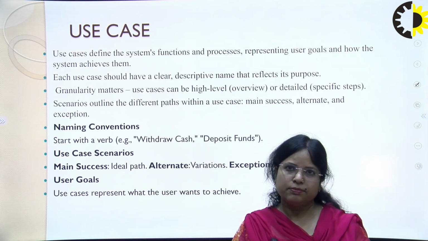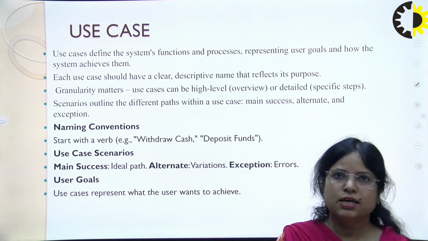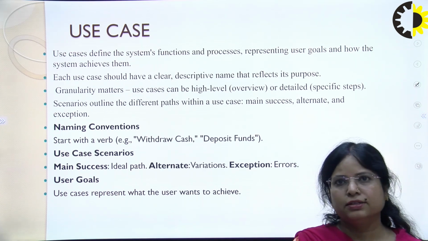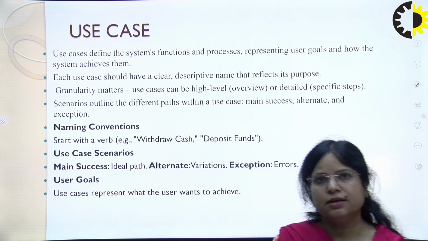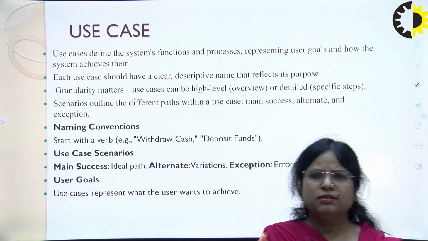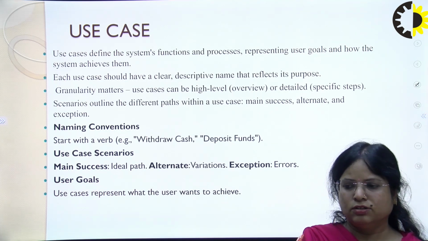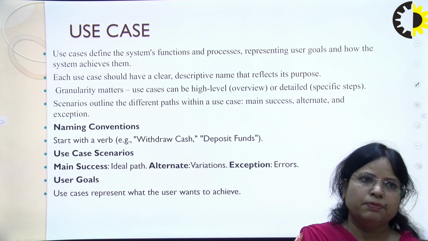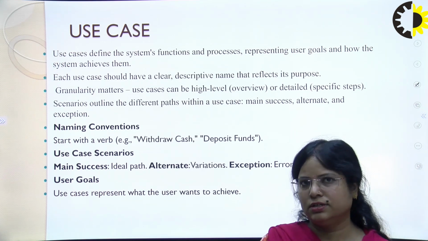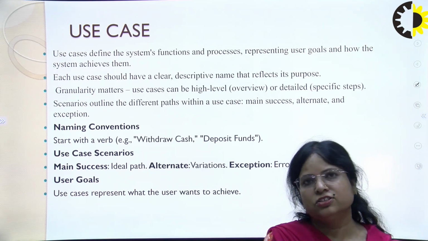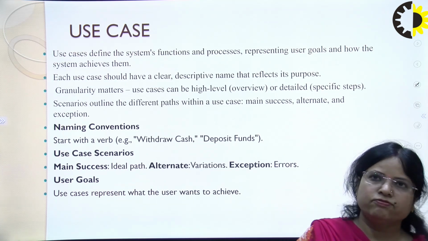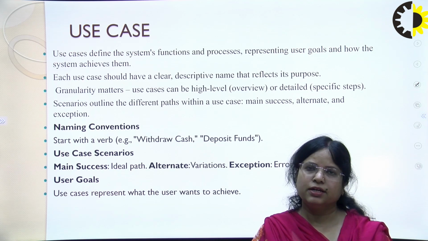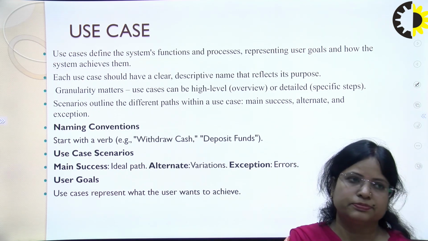If the use case follows the ideal path, then we declare it as main success. If the use case deviates a little from the main path, then it is considered a variation of the use case. And if the use case deviates properly from the main path, then it is known as an exception.